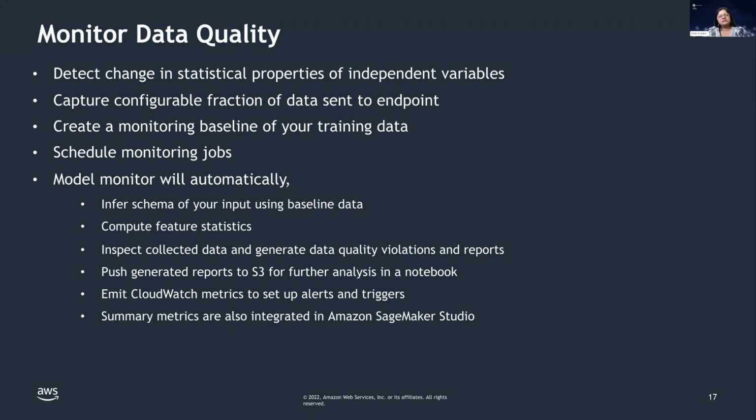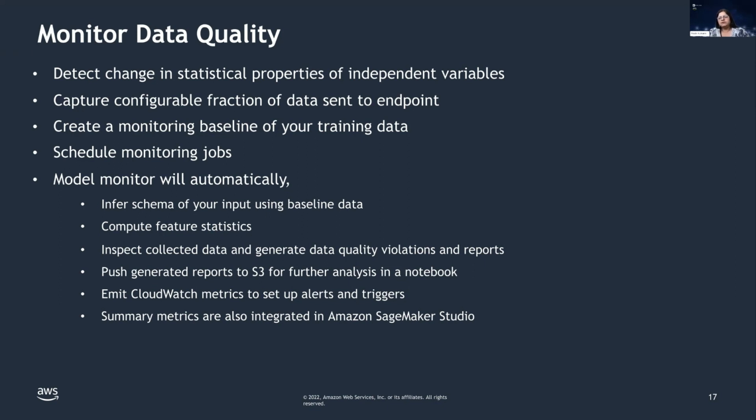Now, the best practices for this type of baseline generation and further data quality is that the S3 in which the data is captured, the initial data as well as later on the data which is captured by the model during model monitoring, should be in the same region, of course, as the model monitoring. And both for model quality monitor and data quality monitor, the instance utilization is something you should watch for.